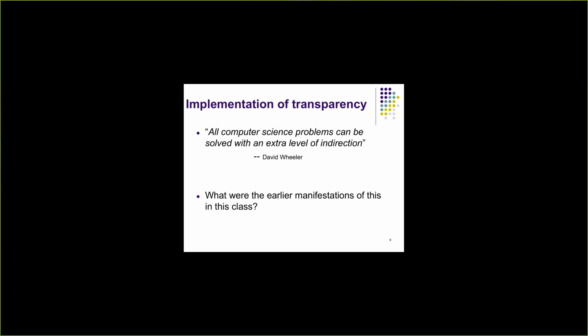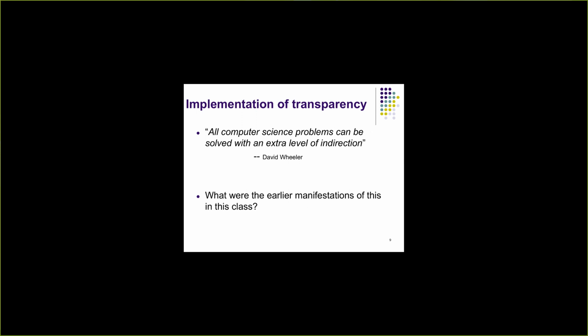So how to implement transparency? Similar to all the other problems that we have seen before, we just provide a level of indirection. And by this time, you must be aware of various places in which we have used this concept of indirection, be it page tables, flash translation layer, or even caches.